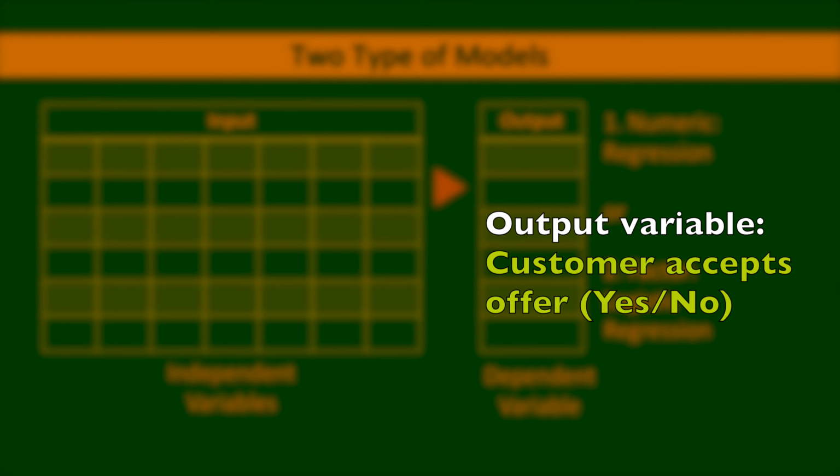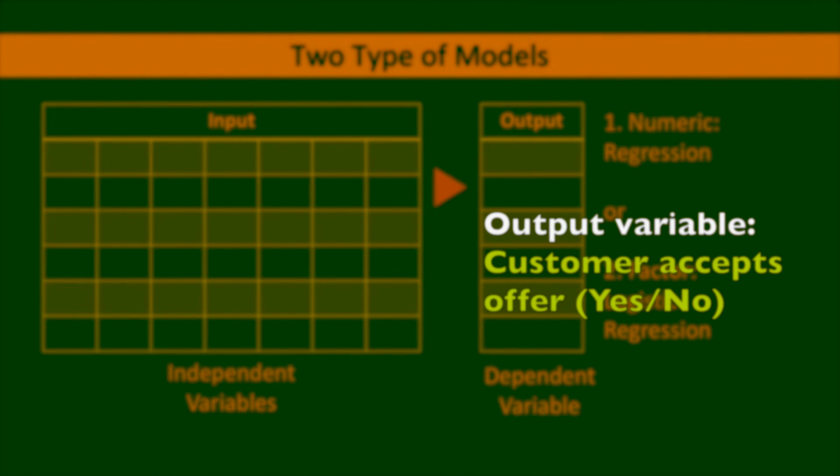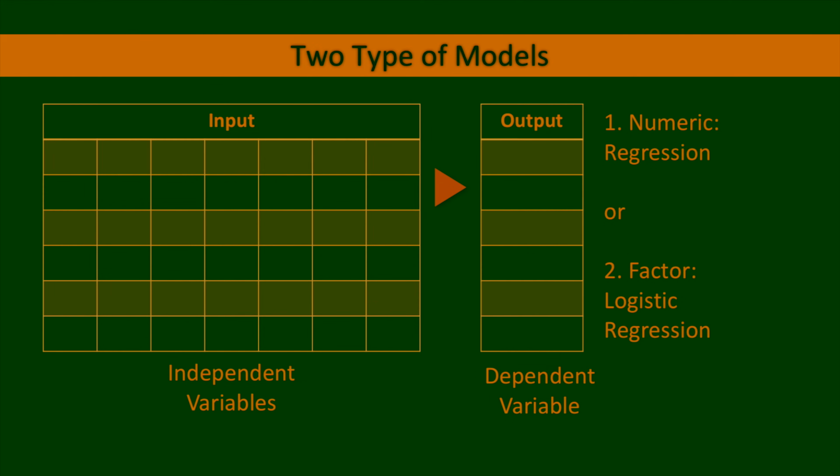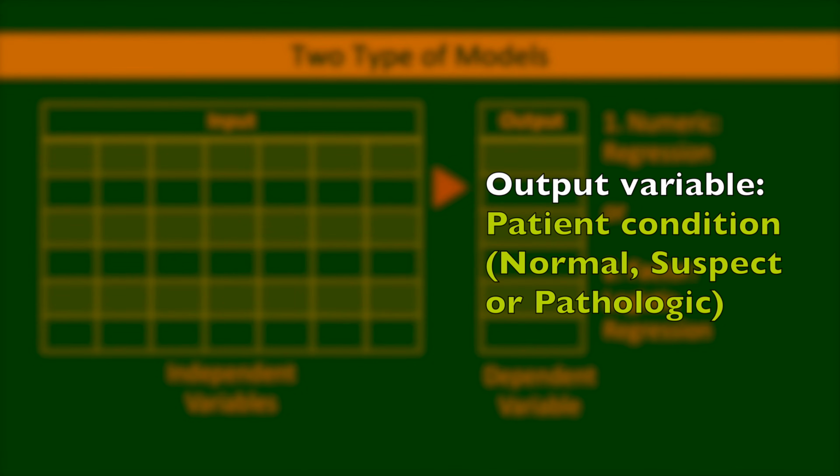In this example, the output variable has only two categories, but there could be situations where we may have more than two categories. Another example could be, depending on various independent variables or input variables, a patient may be classified into three different categories. Either this patient is normal or maybe suspect, and the third category could be pathologic.